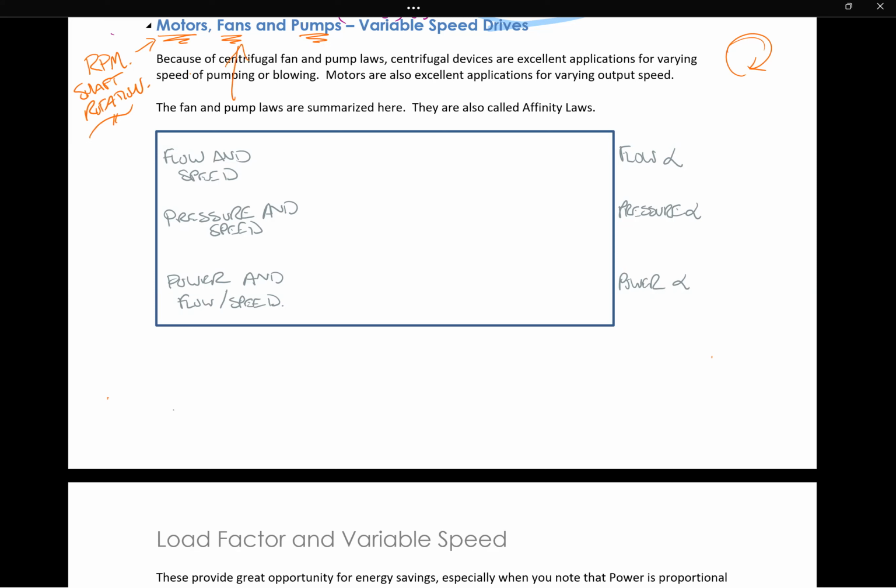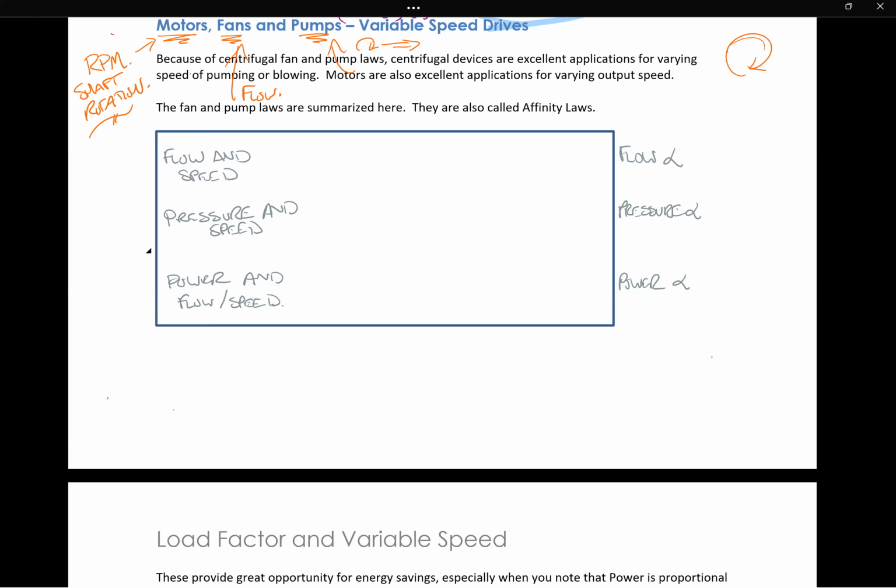Fans, what are you paying fans for? You're moving things, right? This is flow, and that flow can be measured in meters cubed per second or liters per second. And same with pumps. Pumps, you are putting in rotation in order to make something flow.